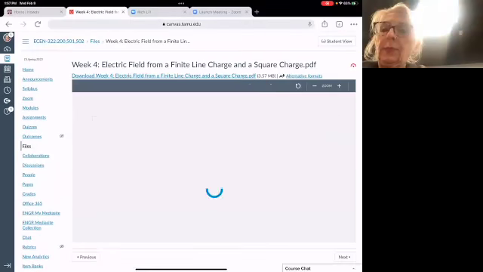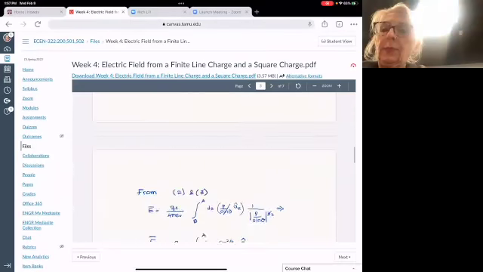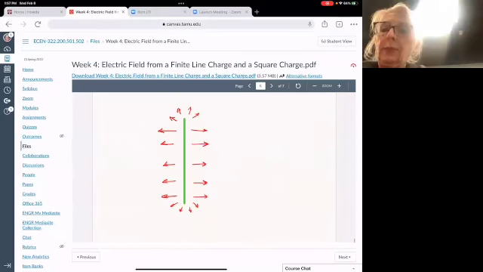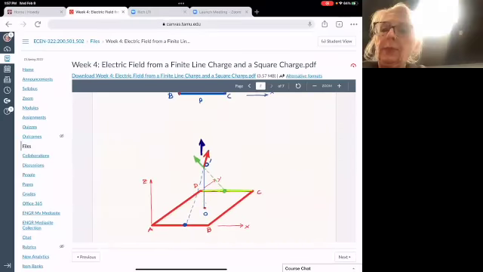Yeah, so why am I looking at the wrong place? All right, so we did this last time, and I have all of the details here. We talked about the square. We talked about how the field, when it's at the center of the square, is 0, right at that point. And then as you go along this direction, it changes as a function of z.